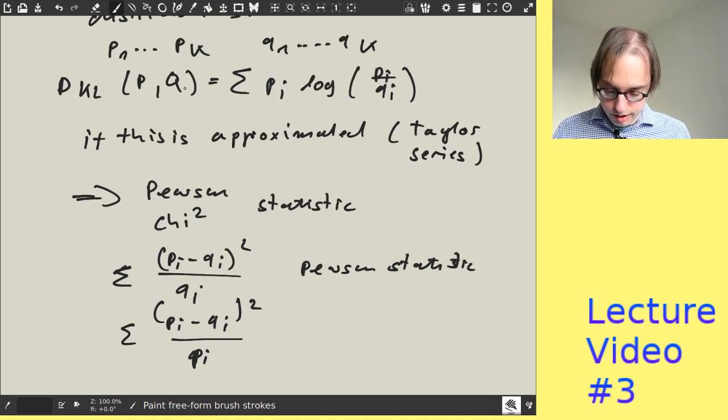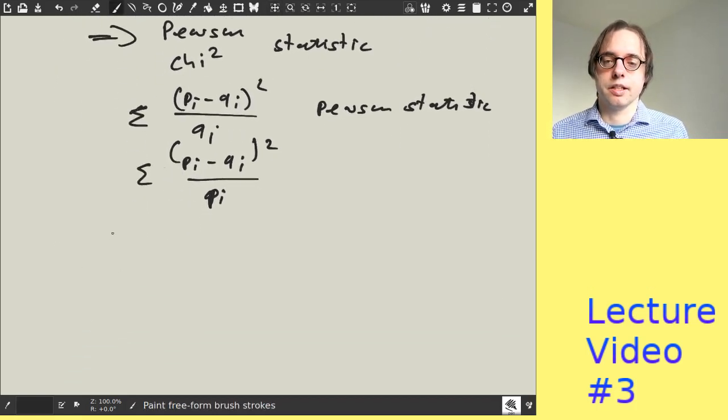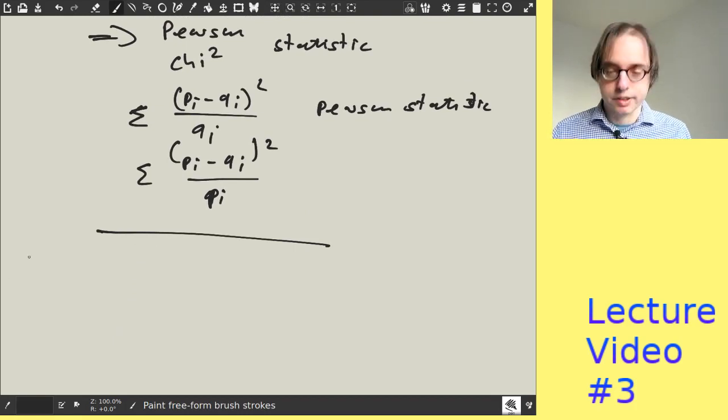And so every time you use this chi-square statistic or Pearson statistic, then you actually use Kullback-Leibler divergence. So we stop here with this video.